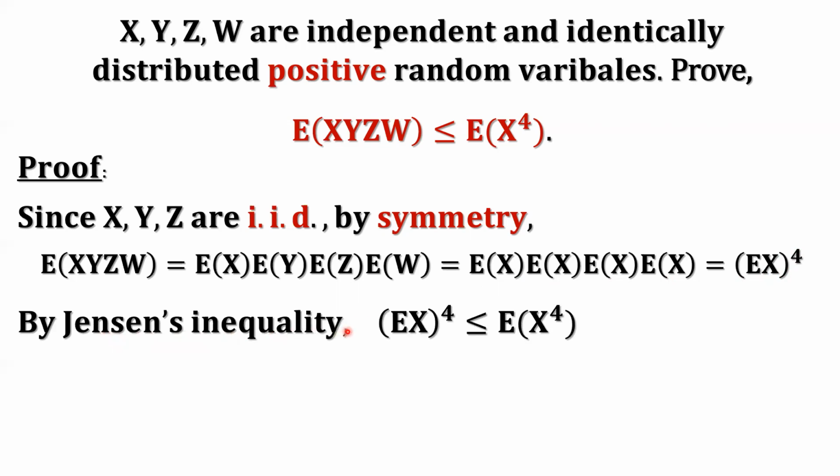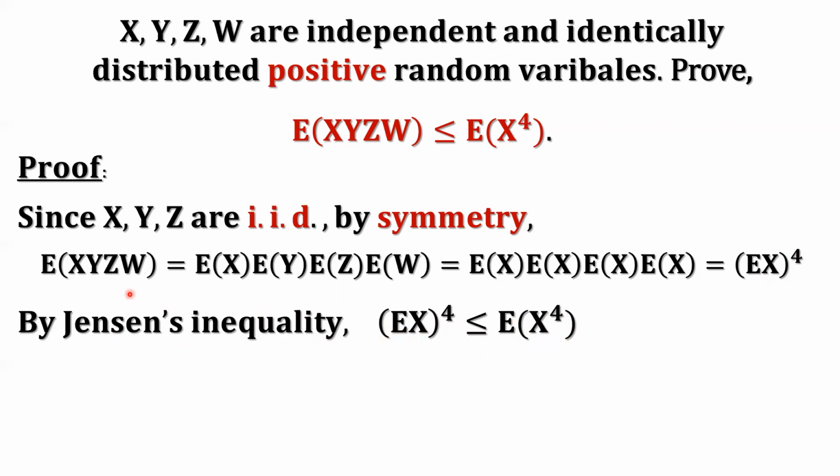By Jensen's inequality, we know this: (E[X²])² is less than E[X⁴]. In Jensen's inequality, we need to know if this is a convex function. It is true in our case.